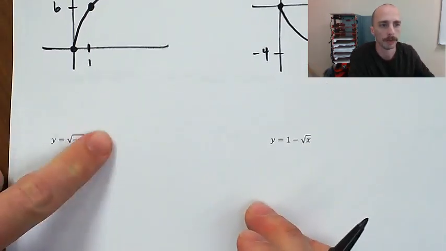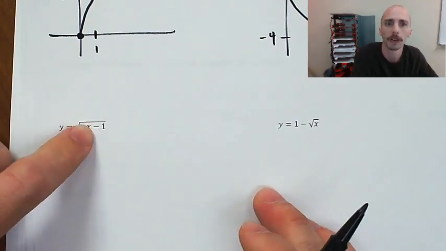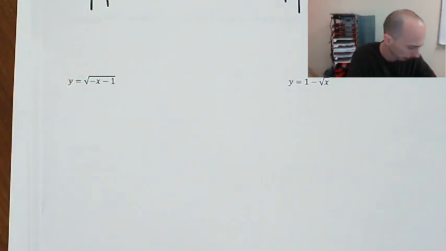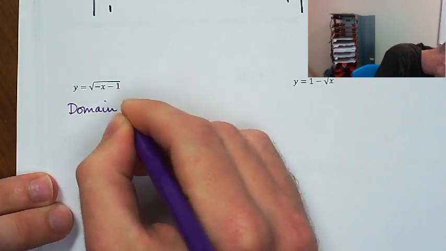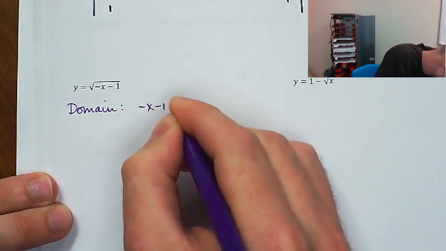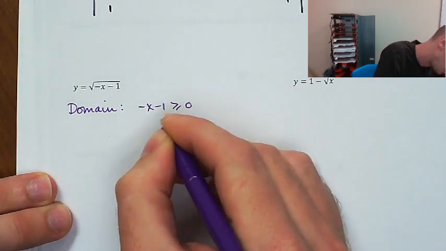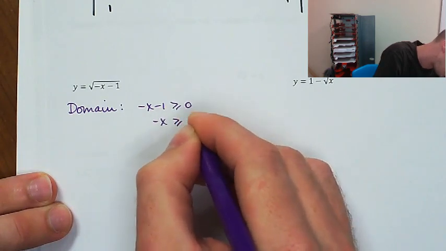Now this has got more going on here. I should probably solve for the domain. So I'm going to grab the radicand and set it greater than or equal to 0 for the domain. I'm going to solve for x.